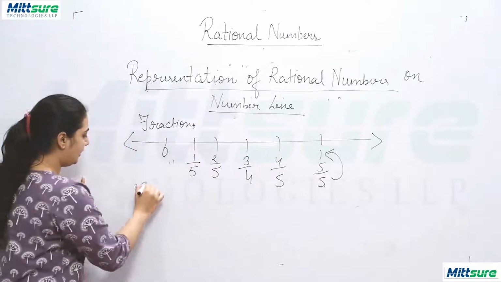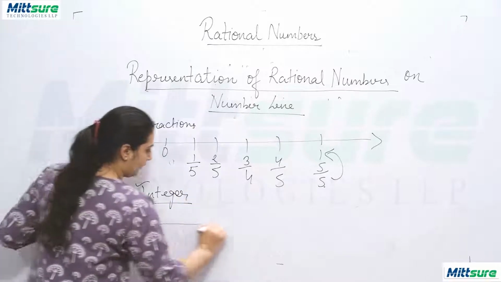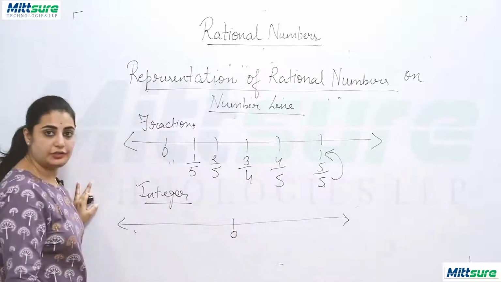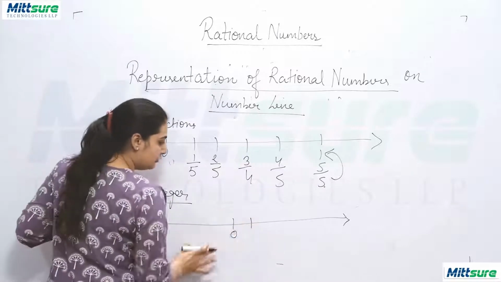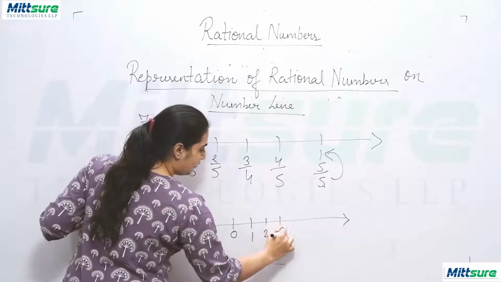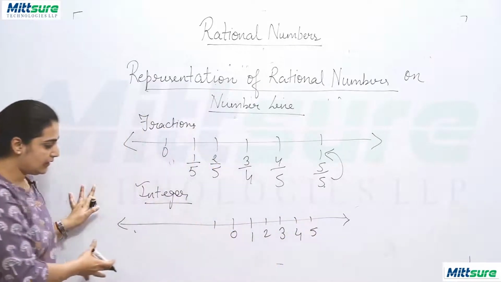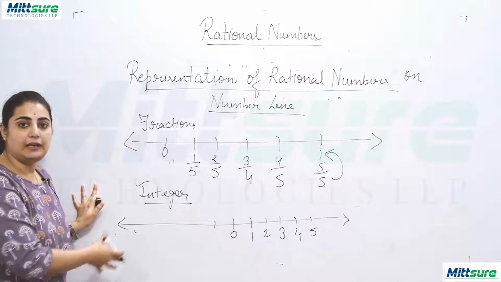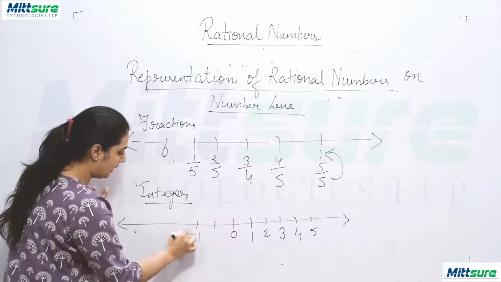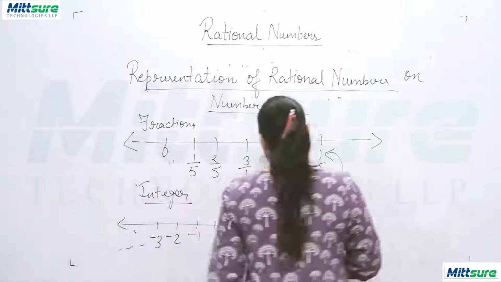Now let's take up integers. Clear? In the integers, 0 was at the middle position. Towards the right hand side, all the positive integers will be placed, and towards the left side of the number line, all the negative integers will be placed, like this: -1, -2, -3 and so on.